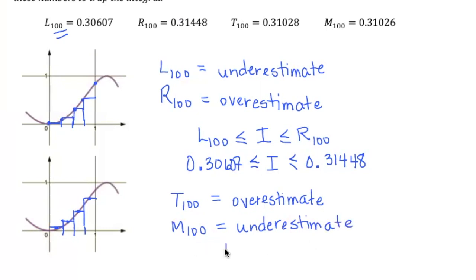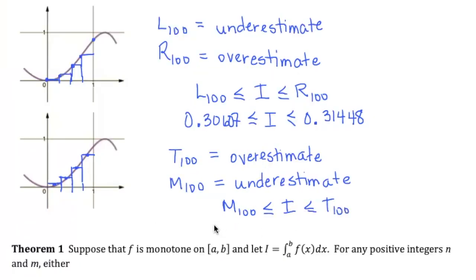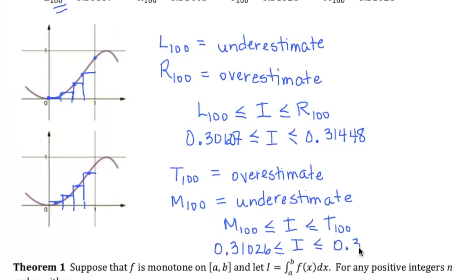So again, the thought here is I can trap the value of the integral. I know it's going to be between the midpoint approximation and the trapezoidal, which means it's going to fall between 0.31026 and 0.31028.